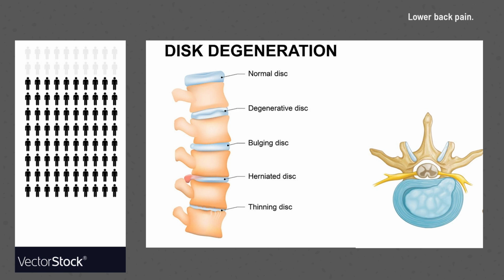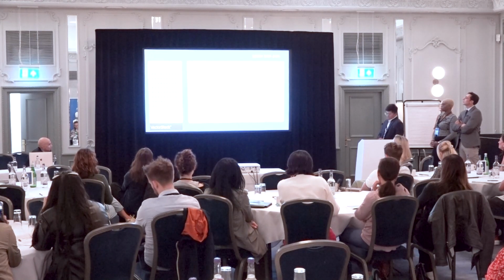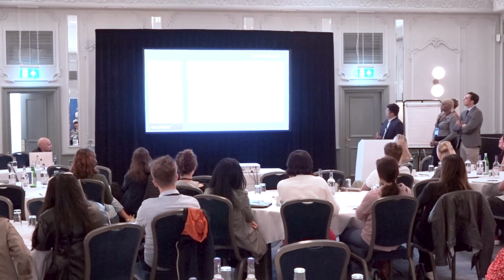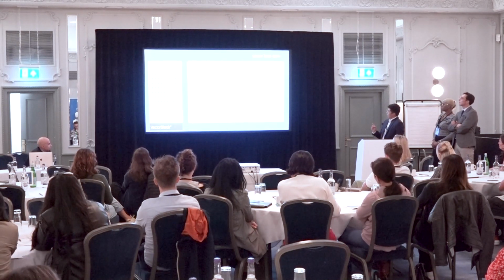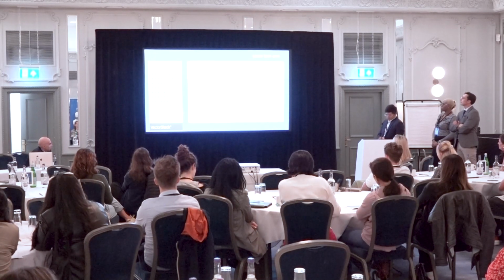This diagram shows degeneration quite nicely. As we get older, our cells get old and stop repairing so well, and also stop making certain proteins which help with water retention, which is important in our discs. Hence in children and young adults, they have higher water content in their discs, which is why the disc is a bit thicker and also more flexible on radiographs.